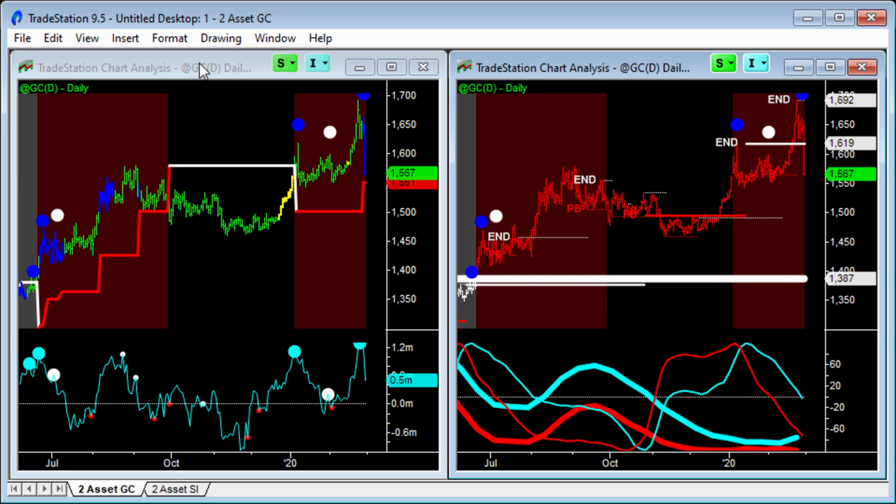And then on the left-hand side, we have the volume-based indicators. First of all, beta momentum, down below the price bars, showing us exhaustion and bearish and bullish divergence patterns. Those signals are also printed above the price bars themselves. And then we have beta pro-am, which is based on the average trade size, which we use to identify professional and amateur activity. So blue bars are professional bars, yellow bars are amateur bars.